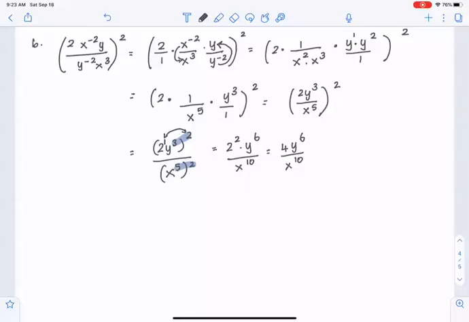So let's simplify, and we want the answer only in positive exponents. The first thing to do, if there is confusion, we split the terms.